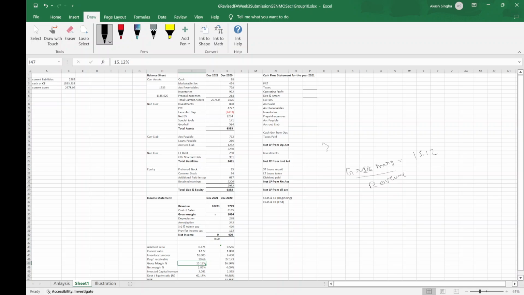So gross margin should be 15.12%, which means 0.1512 into revenue.